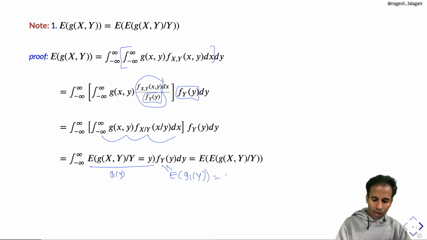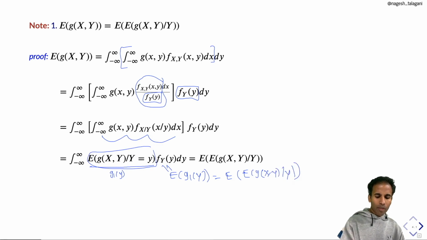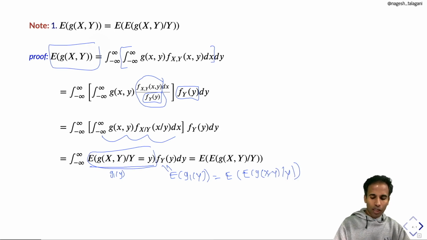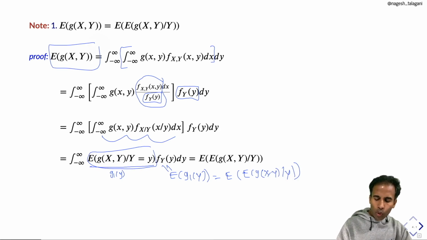What is g1(y) here? This one, right? So g1(y) I can write as the conditional expectation of g of xy given y. That's why this joint expectation of g of xy is going to be the univariate expectation of the conditional expectation of g of xy given y.